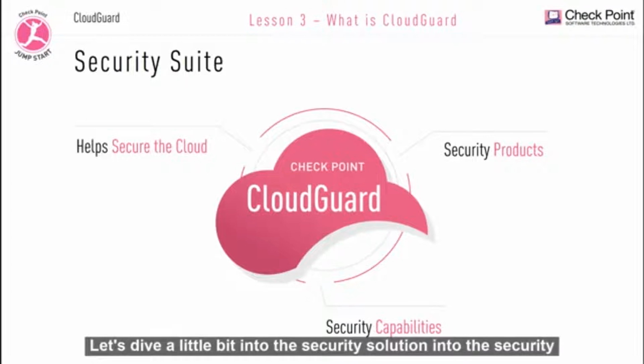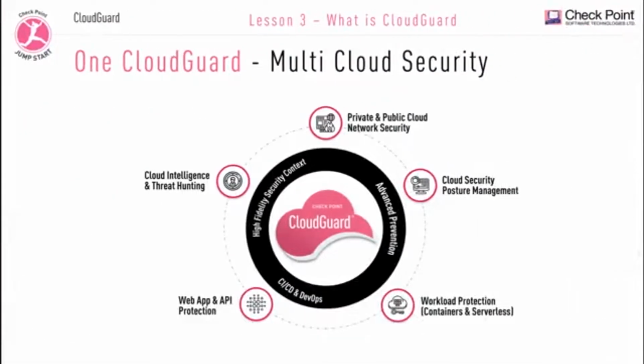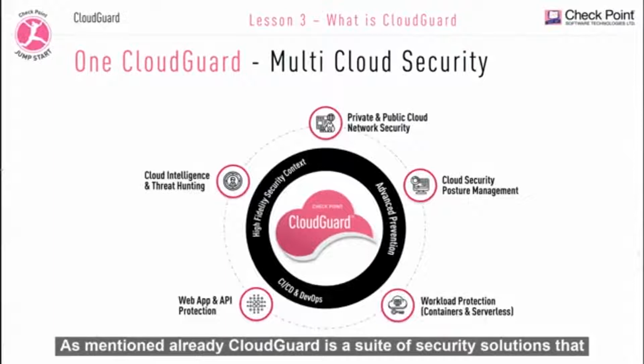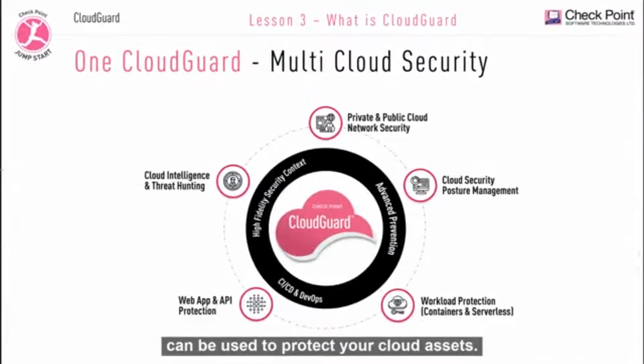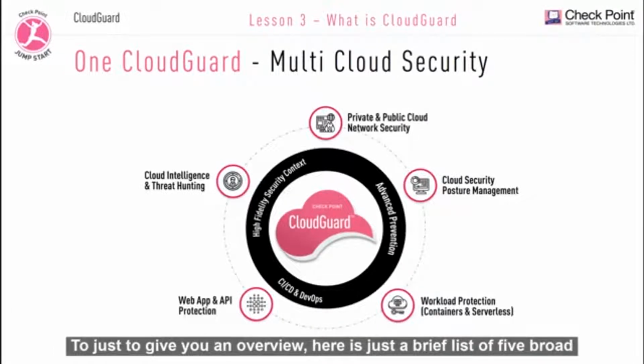Let's dive a little bit into this security solution, into the security capabilities. As mentioned already, CloudGuard is a suite of security solutions that can be used to protect your cloud assets. Just to give you an overview, here is just a brief list of 5 broad security solutions that are part of the CloudGuard product line.